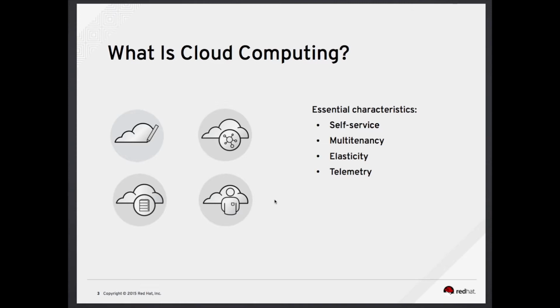Elasticity, being able to scale out, add additional resources on demand, or perhaps even scale in. We need to be able to be elastic. And then finally, telemetry. Resources need to be able to be monitored and ultimately metered by that service provider as well as by the cloud consumer.